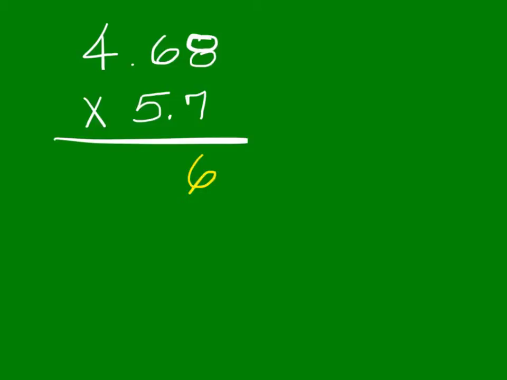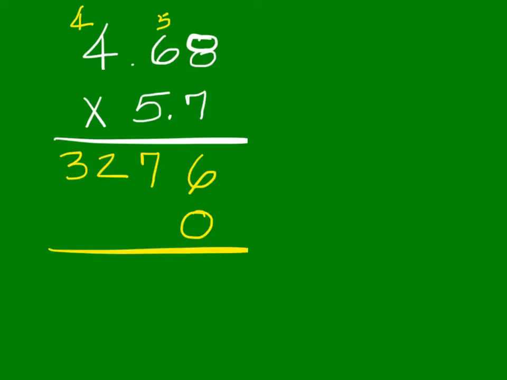4.68 times 5.7. On the practice, 7 times 8 is 56, so we'll put the 6 there and drop a 5 up there. 7 times 6 is 42, plus 5 is 47. Carry the 4 up here. 7 times 4 is 28, plus 4 is 32.